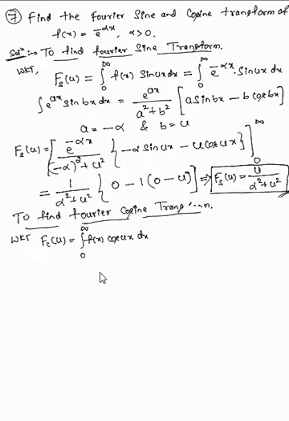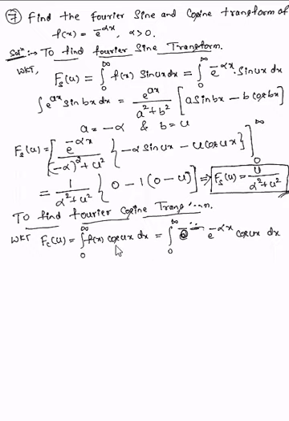So this is equal to integral 0 to infinity e power minus alpha x into cos ux dx.